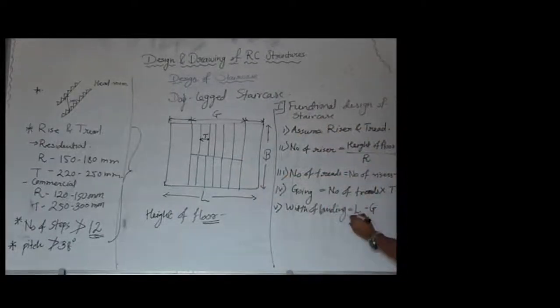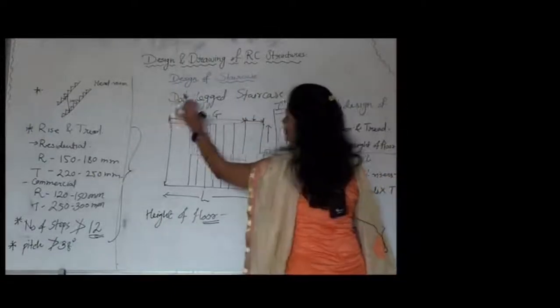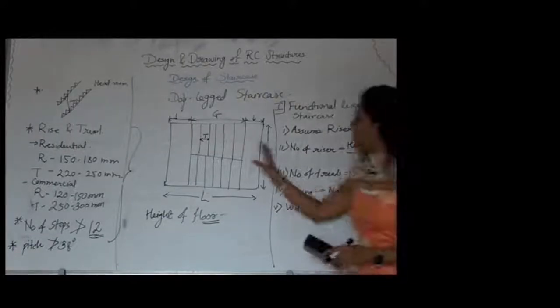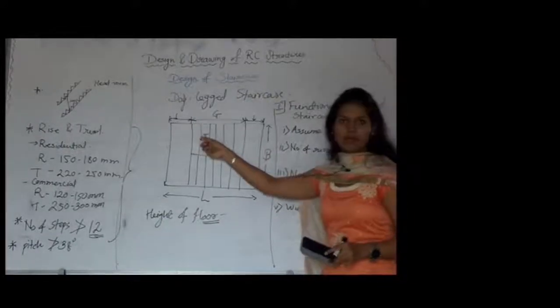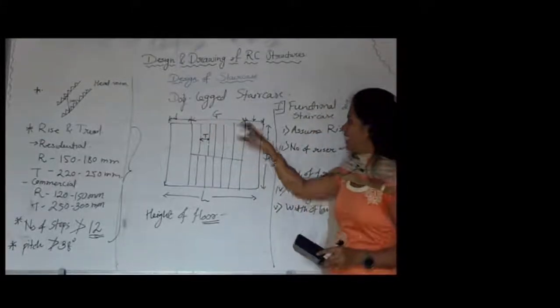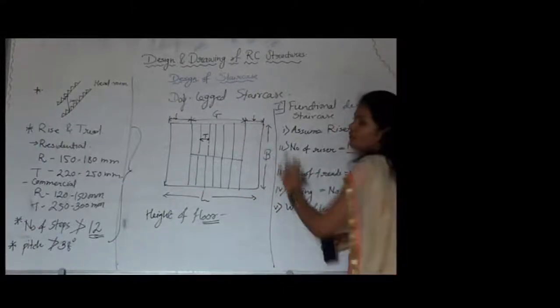So, we will divide it by 2, we will get the landing distance. Now, after this, we have tread, we have riser. With the help of treads we have found out going, and with the help of total length we have also found out how much will be the width of landing.